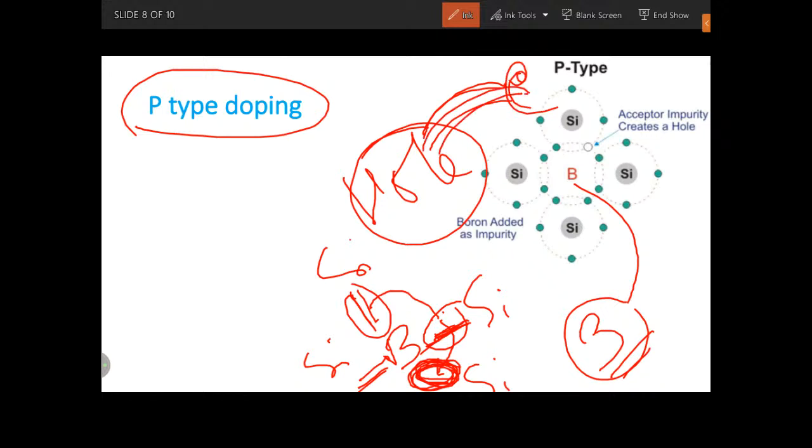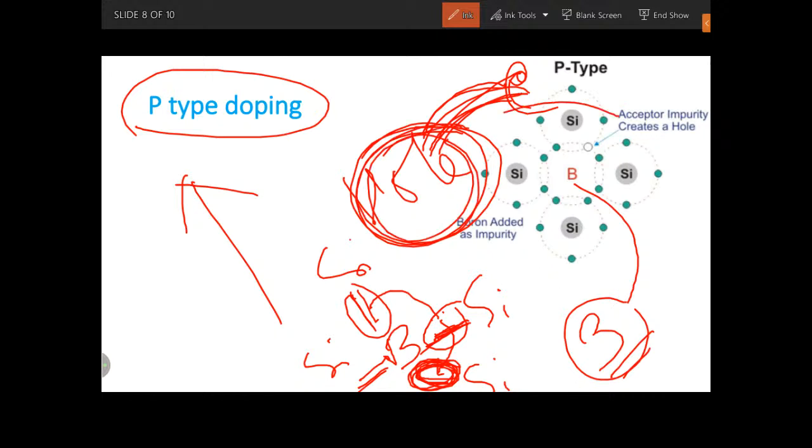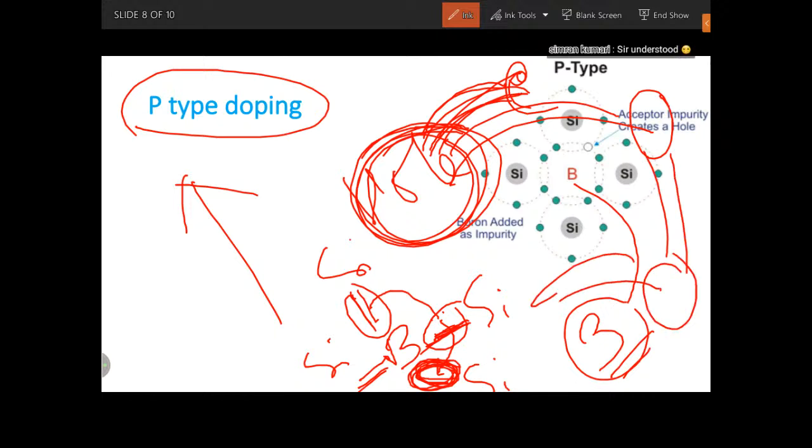So if this increases the movement of electron, then the electric conductivity also increases. I hope I am clear to all of you. A hole is created, an electron moves to fill it, again a hole is created, again an electron moves. In this way the electron keeps moving and filling the hole, so electric conductivity increases.